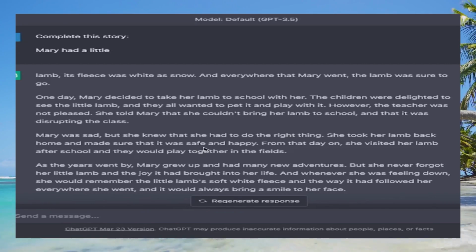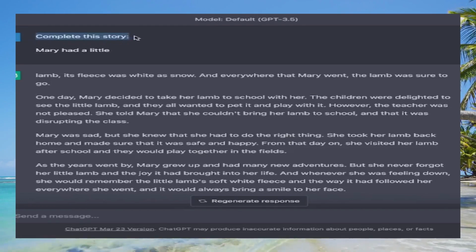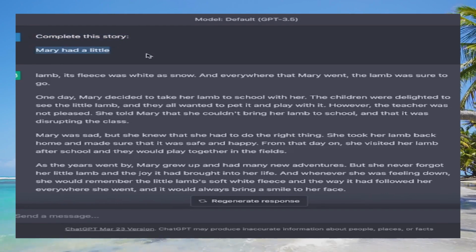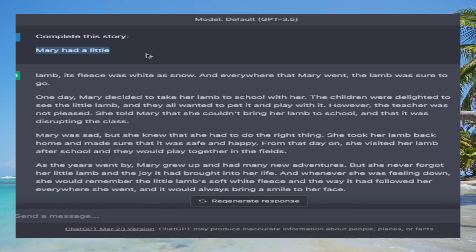Now, this is a really simple example of this concept. I'm going to tell ChatGPT, complete this story, and I start with, Mary had a little, and I stop. Now, if you know the nursery rhyme, it's Mary had a little lamb, its fleece was white as snow, and you can imagine that this story showed up over and over in the data that ChatGPT was trained on.